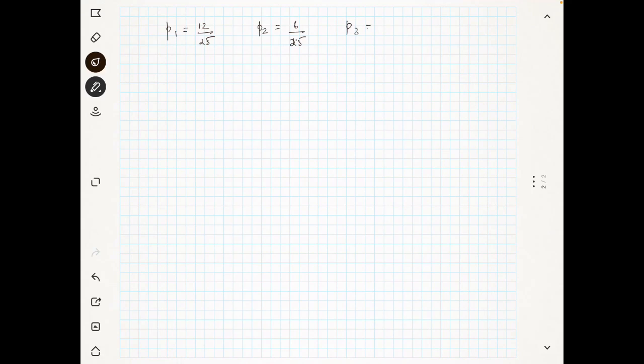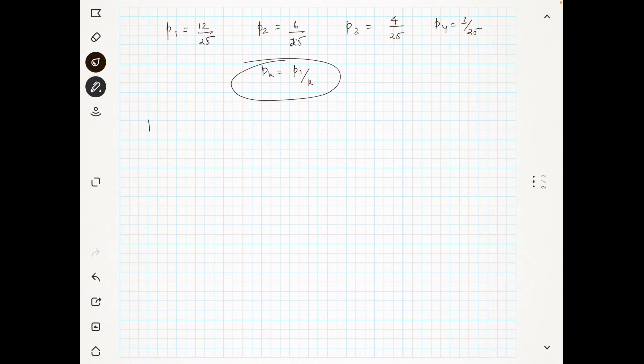Similarly, you will get p3 as 4 by 25, and p4 as 3 by 25. If you substitute all these values, because pk is equal to p1 by k, that is our formula. So we can now have the cumulative distribution function.